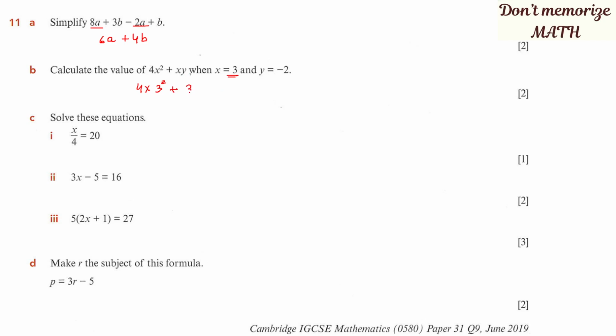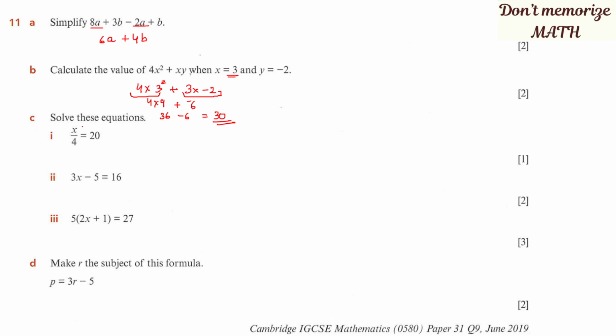X is 3 times y, y is minus 2. First we need to do the multiplication, as per the BODMAS rule. Then only you can add them. So 4 times 3 square: 3 square is 9, plus 3 times minus 2 is 6. We have a minus sign, so put minus. 4 times 9 is 36 minus 6. So you will get 30. So the answer is 30 here.